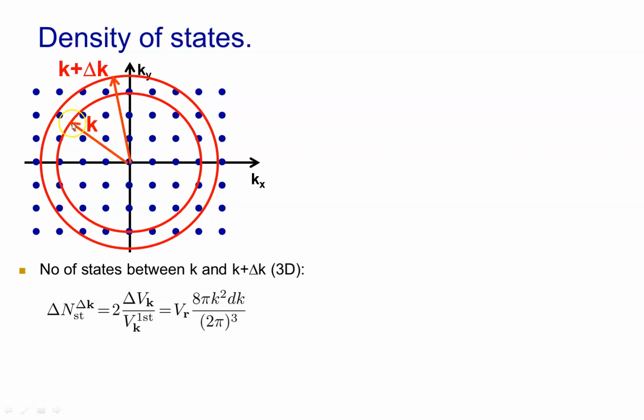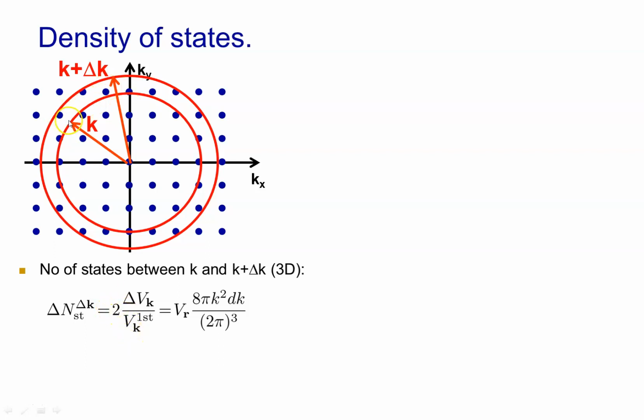So for a given sphere in k space, I want to count the number of points that lie in this little shell between k of width delta k. And of course we have to account for the spin degeneracy, because each of these points can host either up or down electrons, so there's this factor of 2.